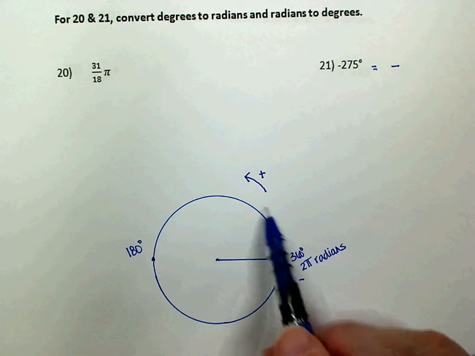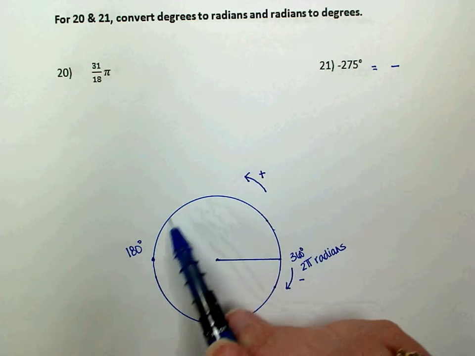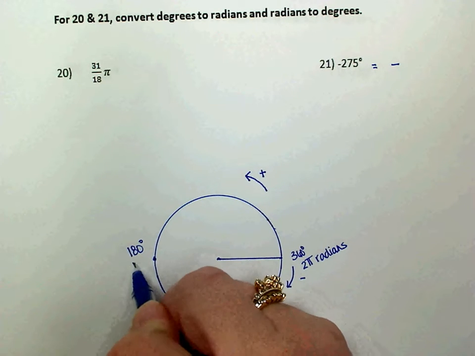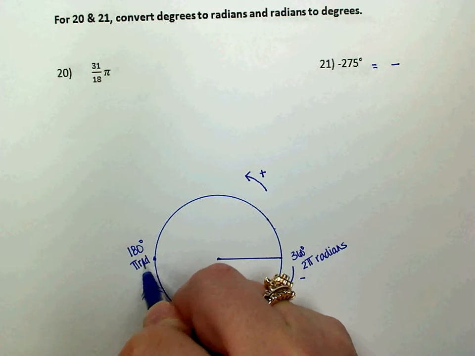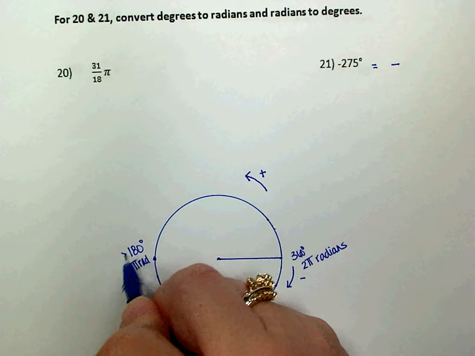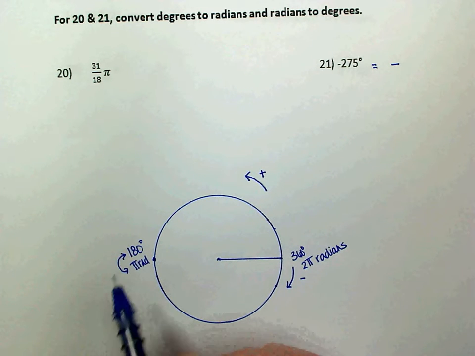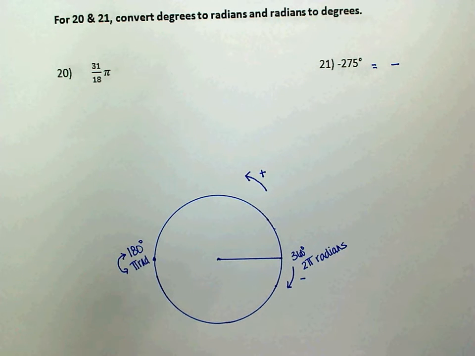And in radians, if all the way around is 2 pi, halfway is only 1 pi. So we know that these are congruent to each other or comparable to each other, and that's what we use as our conversion. 180 degrees is equal to pi radians.